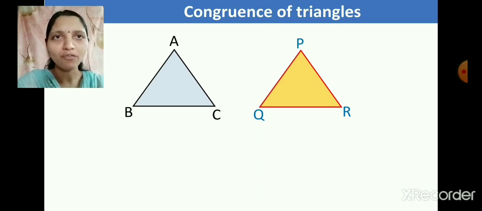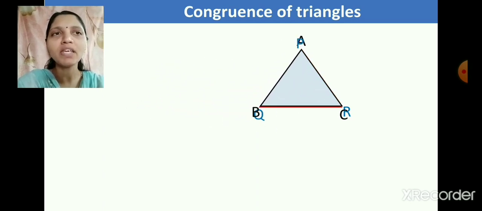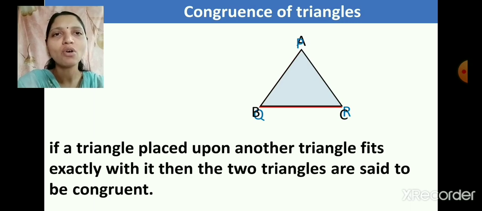You have to place triangle ABC on triangle PQR, and if it fits exactly with it, then you can say that triangle ABC is congruent to triangle PQR. So what is the definition of congruency? If a triangle placed upon another triangle fits exactly with it, then the two triangles are said to be congruent.